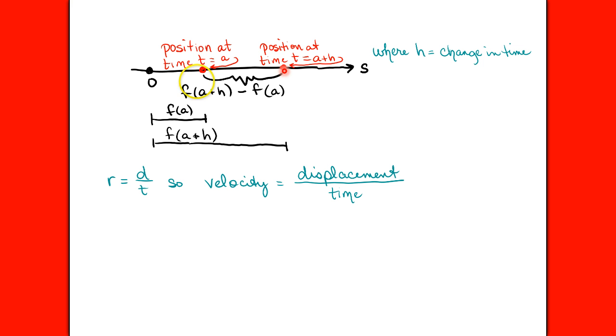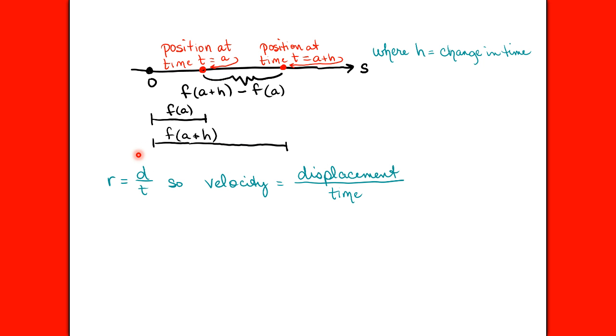So this first little displacement right here, we could call f of a, because that's my position at time a when I plug a into my position function. And this displacement would be f of a plus h, because if I take my time a plus h and plug it into my position function f of t, that would give me f of a plus h.